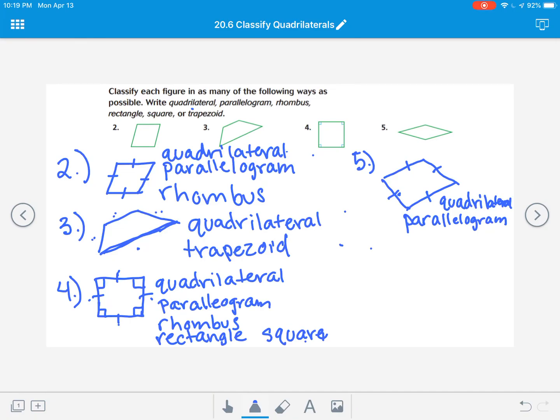Rhombus need to have 2 pairs of parallel sides, which it does. And it also needs to have all sides equal, which it does. It's not a rectangle or a square because the corners don't have right angles in them. And it's not a trapezoid because trapezoids need 1 set of parallel sides, and this has 2.